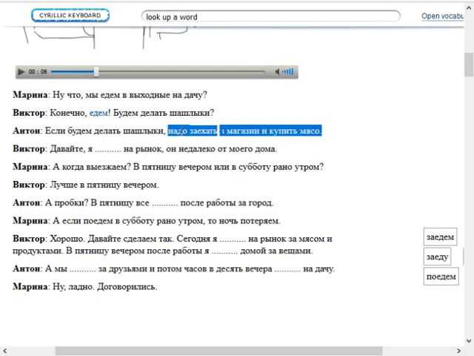So basically, he's saying we need to go to the store and buy meat. But what's the significance of using заехать as opposed to just ехать? За here basically means to stop in briefly. So it's kind of like in English to pop into the store or stop in at the store to buy meat. That's what за means in this context.